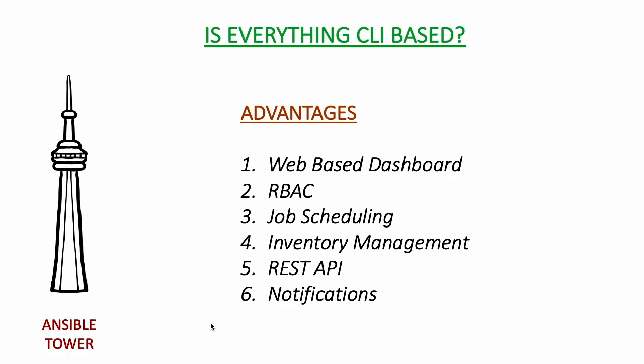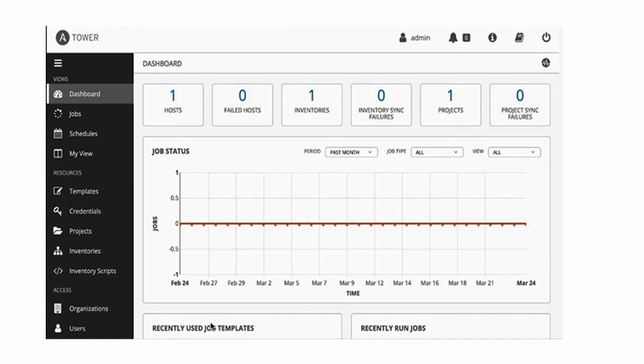With REST APIs, you can integrate Ansible with other DevOps tools, and notifications is one of the beautiful features which Ansible Tower provides. For example, you can schedule a playbook, and if the execution fails or if it succeeds, Ansible Tower will give you a notification for both the cases. Here is a screenshot of Ansible Tower.